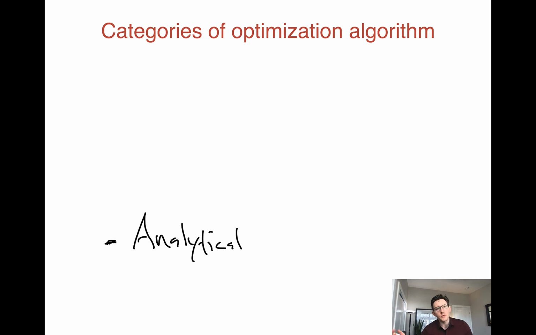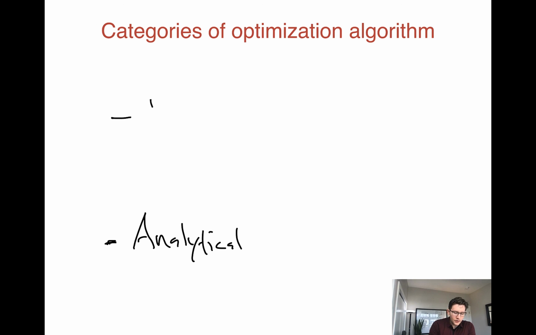Often we wouldn't even think of that as an optimization algorithm. That's just a solution, and we should almost always take that solution if it's available to us. That is, we should almost always go with the analytical solution if we can find one. But for very many practical problems, we can't find an analytical solution. So we're forced to resort to these iterative optimization algorithms.